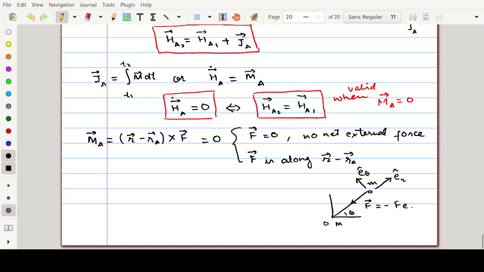So F is minus F e_r, whatever its value, you know from Newton's law of gravitation what F is, but that is not the point here. The point is that the direction of F is negative of e_r. Now you choose your A point, the reference point about which you are calculating momentum.